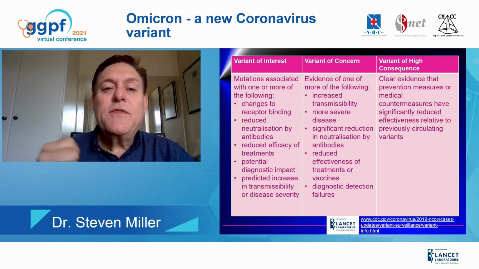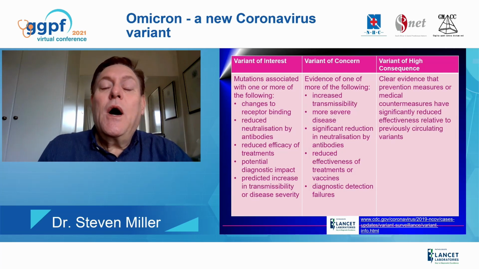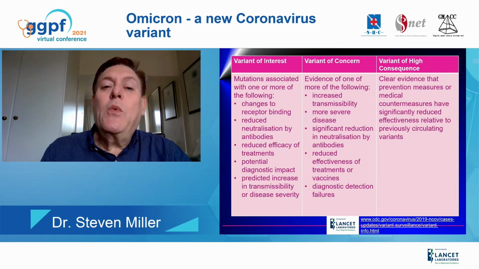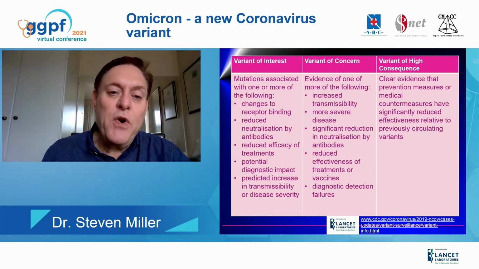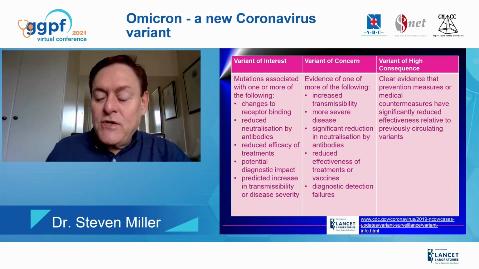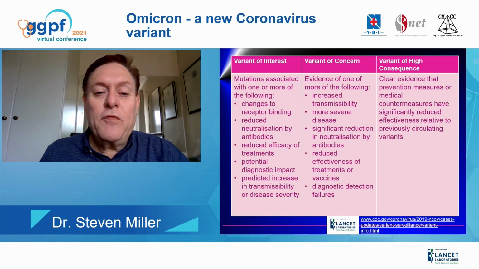We then have variants of concern, where the changes that occur are significant in terms of the disease itself and its spread within a community, or even with regard to the treatment that's applied. So we worry about possible changes in the ability for the virus to spread from person to person, or the ability of the virus to evade immune control, or to evade any of the interventions that we use.